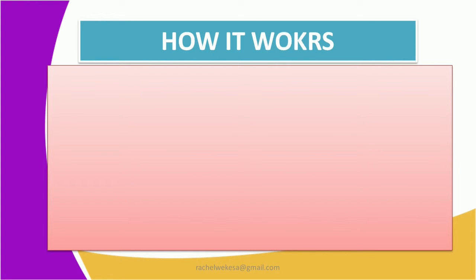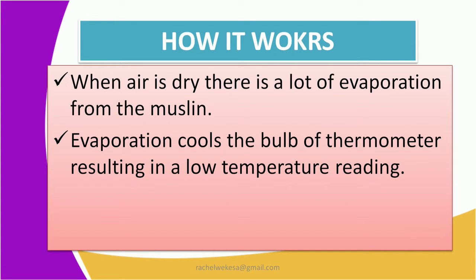How a hygrometer works: when air is dry, there is a lot of evaporation from the muslin. So when the air lacks moisture, there's going to be evaporation from the muslin, and the muslin is the cloth that covers the bulb.